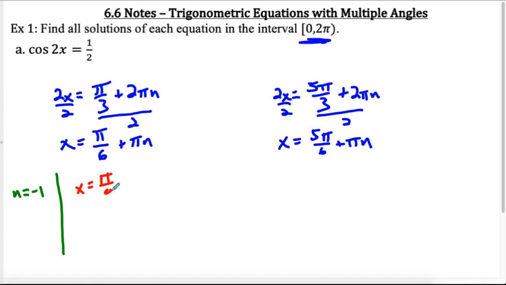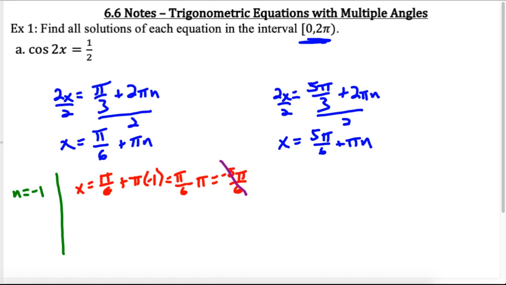So to test, that should be pi over 6 plus pi times -1. So this is pi over 6 minus pi. To get common denominators, this would be pi over 6 minus 6 pi over 6. That would be -5 pi over 6. Well, that is less than 0, so that is not in my interval.